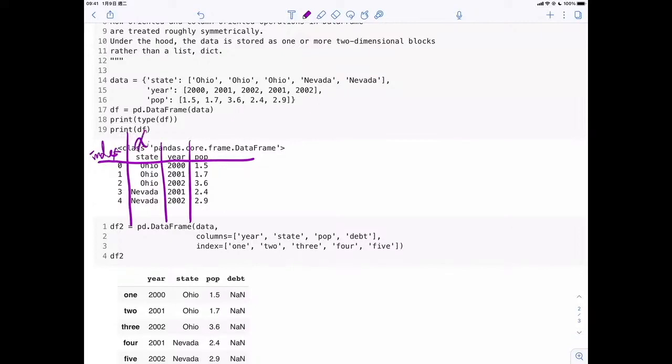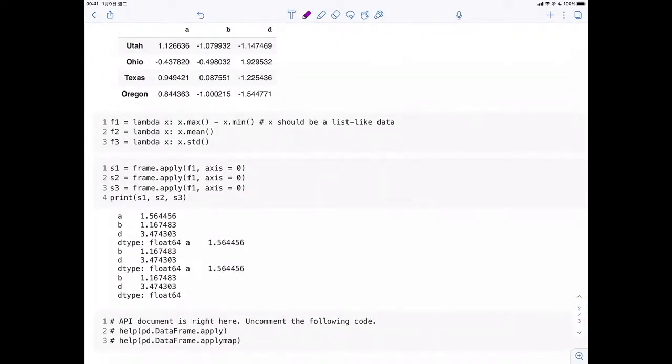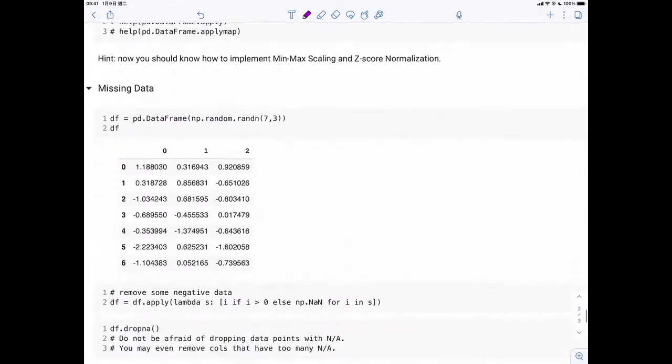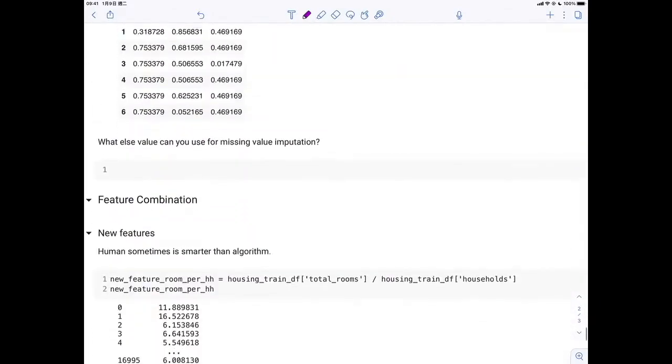That's what we call x1, x2, x3, right? And we have 5 data points right here, big X, to describe its value. I will skip all of the other things. Just take some time to look at those things to make sure you have some basic skill to manipulate the data in the data frame or in the series. Okay, so that's it.